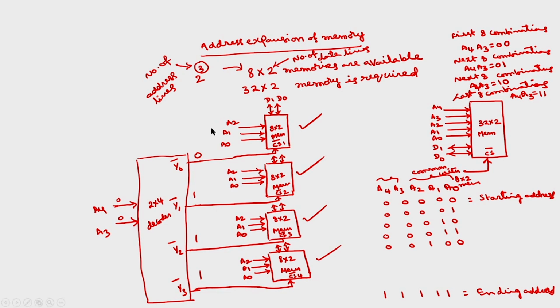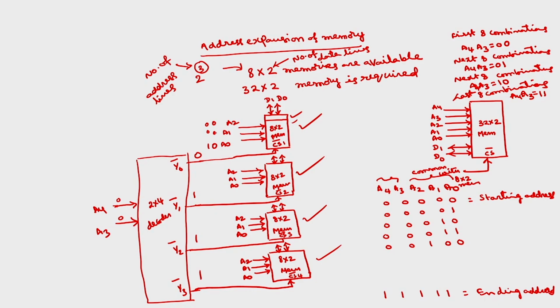If I take A2 A1 A0 as 000, and if I select this memory, the 0th location of this one will be selected. If I take 001, the first location of this will be selected. At any time only one of these 8 by 2 memories will be selected, but A2 A1 A0 is common.